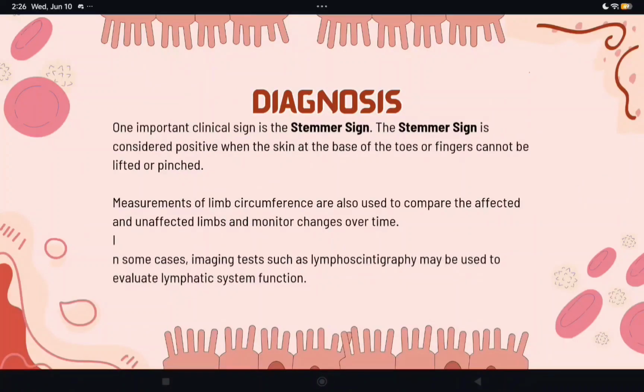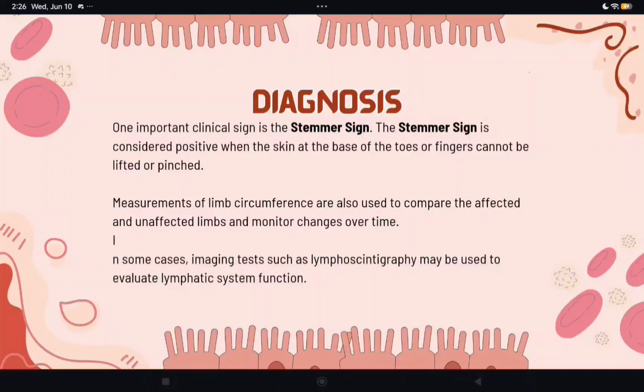One important clinical sign is the Stemmer sign. The Stemmer sign is considered positive when the skin at the base of the toes or fingers cannot be lifted or pinched. A positive Stemmer sign strongly suggests lymphedema.